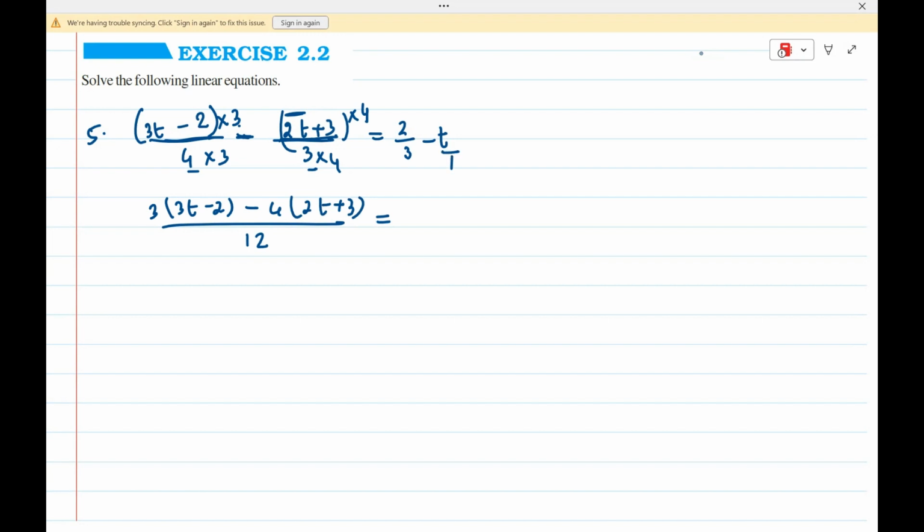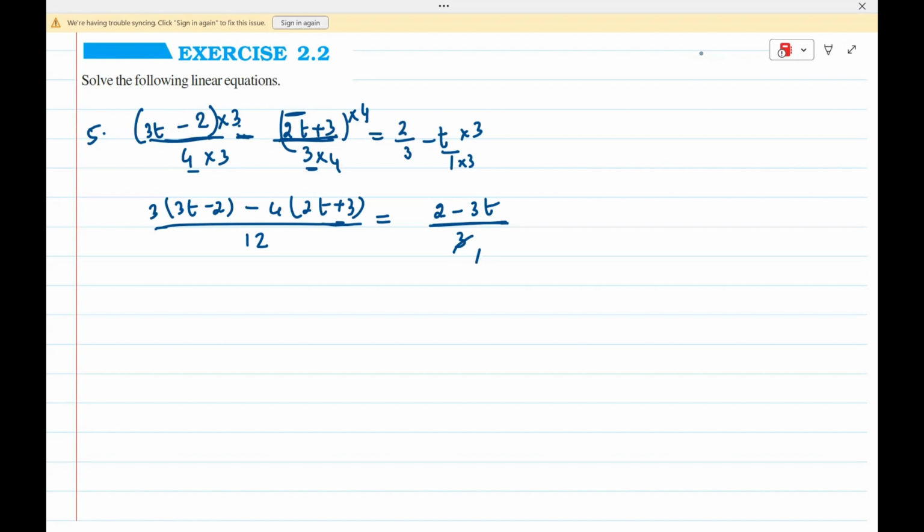On the right hand side, again 3 and 1, the LCM is 3. Make the denominator equal: 2 minus 3t. Now one thing to notice here, like in the previous question, we can cut the denominator if it is whole upon. Whole upon means one single line. Here 3 and 3 I cannot cancel.